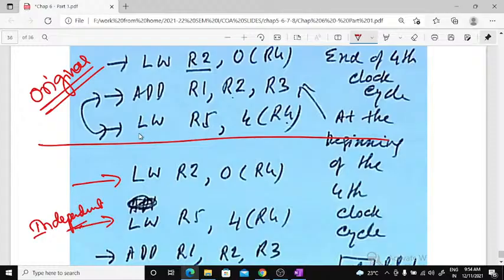It rearranges like this, this one goes down and this one goes up, because it is an independent instruction. This instruction is using the R5 register, R4 register, so it will do its operation. The main thing is to avoid the delay in execution. So that is your second technique.